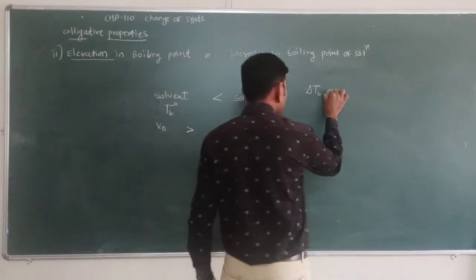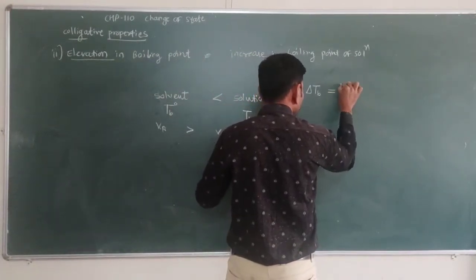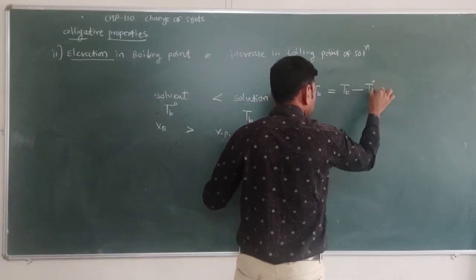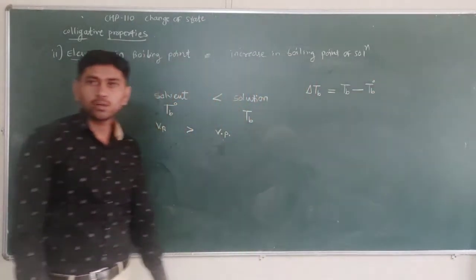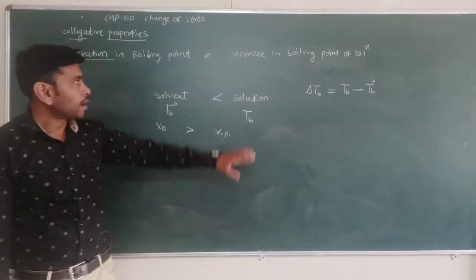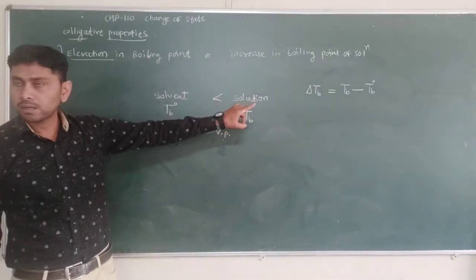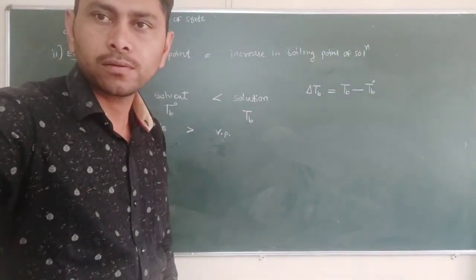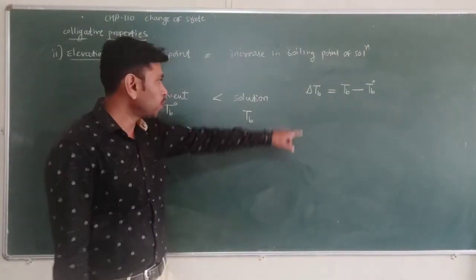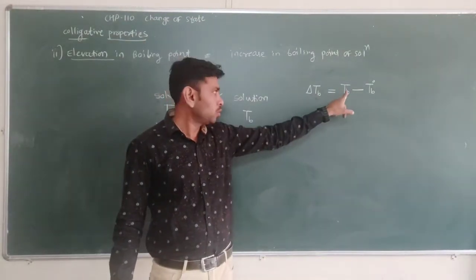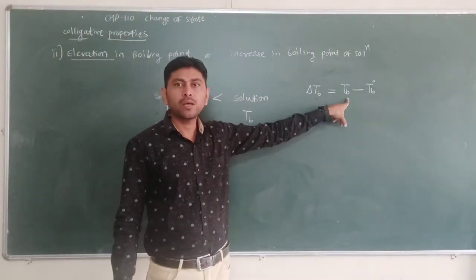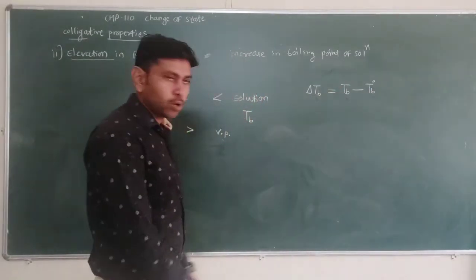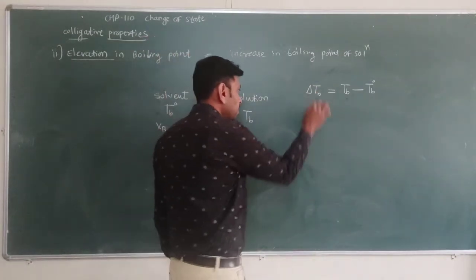It is the difference of the boiling point of the solution and the boiling point of the solvent. Elevation in boiling point is represented by delta TB equal to TB, the boiling point of the solution, minus T0B, the boiling point of the pure solvent.